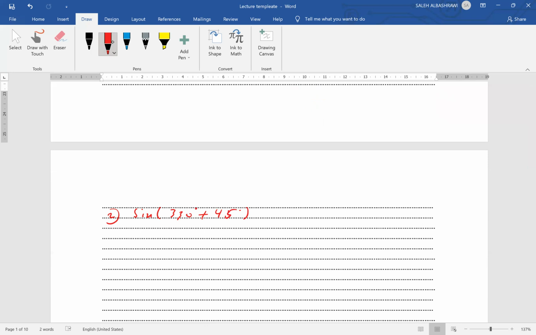Again, this is sine alpha plus beta, which is equal to sine of alpha, which is 330, multiplied by cosine 45 plus cosine of 330 multiplied by sine 45.